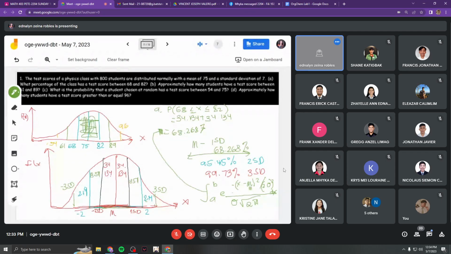Pareha ba? May nagso-solve ba or may nag-input ba sa calculator? You can directly input it on your calculator.